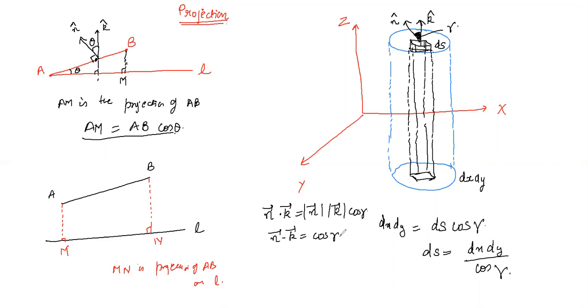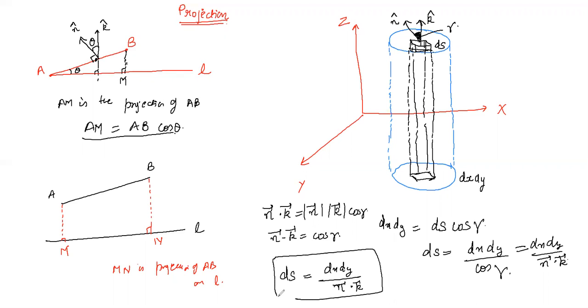So we get cos gamma here, that is n cap dot k cap. So from here we can say ds will be equal to dx dy upon n vector dot k vector. So this is the formula for the surface element ds by using the projections.